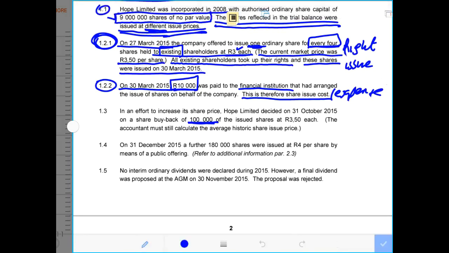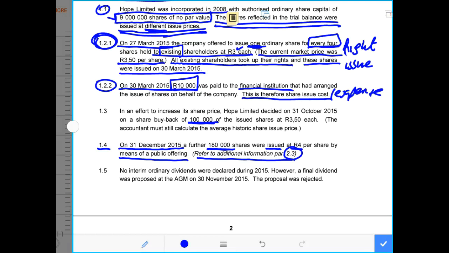Then under 1.4, on the 31st of December, which is the end of the current accounting period, a further issue of 180,000 shares was issued at a price of R4 per share by means of a public offering, and they say refer to additional information 2.3. That means these 180,000 shares were issued because of an entry under 2.3, but we'll see that later as we read through this question.